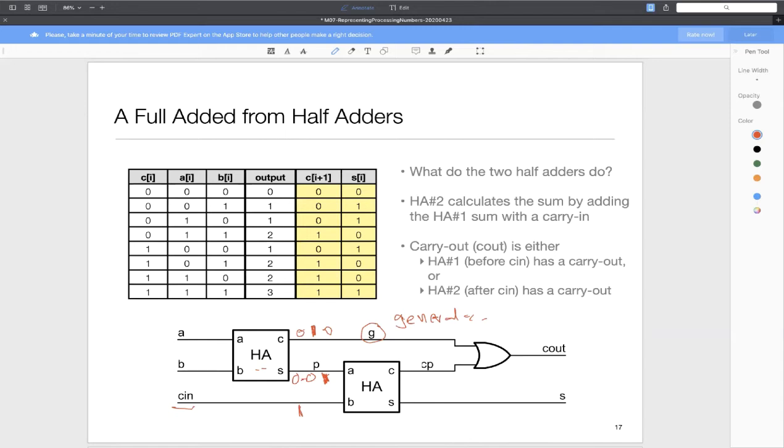So I can have carry out under 2 circumstances. One is that I got a 1 out here: there is a carry out, irrespective of what carry in is. The other is that I have a sum, one of them was 1, and if carry in is also 1, then I want a carry out of 1 out of that sum of 3 bits. That's the job that this half adder will do. If both are 1, then I am going to get a carry of 1.